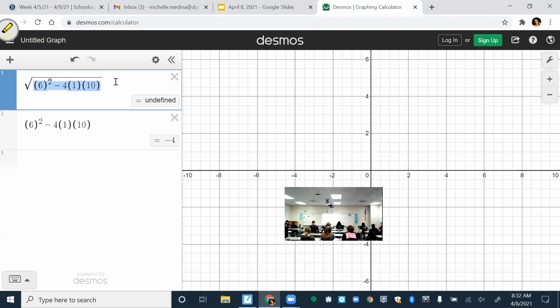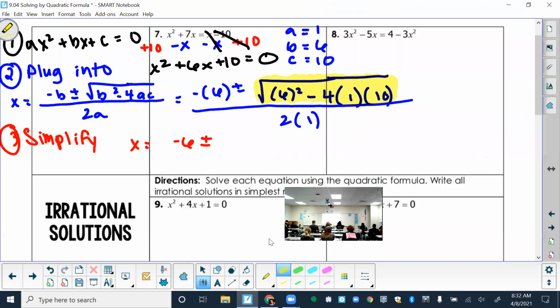So if you run into that situation and you're 100% sure that you entered it correctly, let me go back to the notes. What ends up happening is, since you cannot take the square root of a negative number, there's going to be no solution.